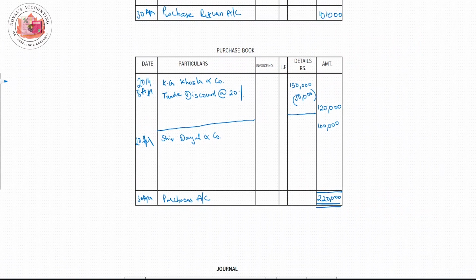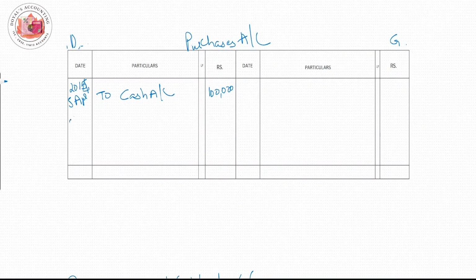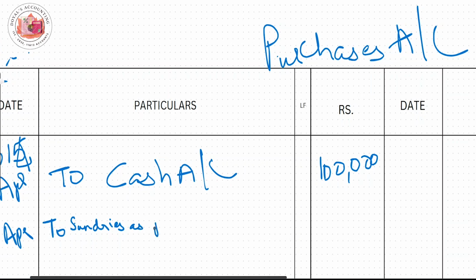Correspondingly, I will record this in my purchases account. 30th April, to sundries as per purchases book, 2,20,000. It will have a debit balance.